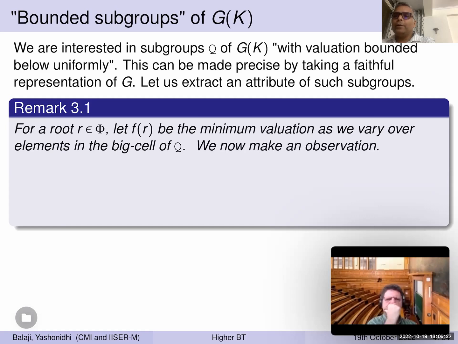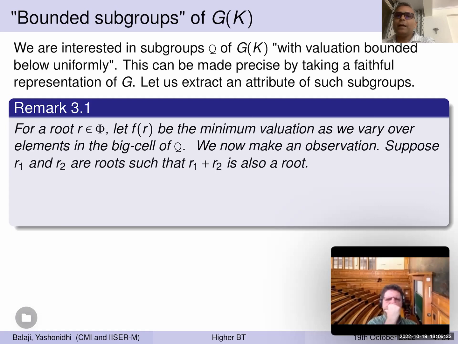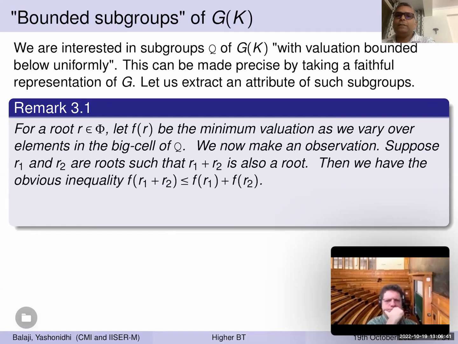We now make an observation. It's a very simple observation. Suppose R1 and R2 are roots such that R1 plus R2 is also a root. Then we have the obvious inequality: F of R1 plus R2 is less than or equal to FR1 plus FR2, which means that the minimum valuation as we vary over elements in the big cell of Q at R1 plus R2 is bounded above by FR1 plus FR2.